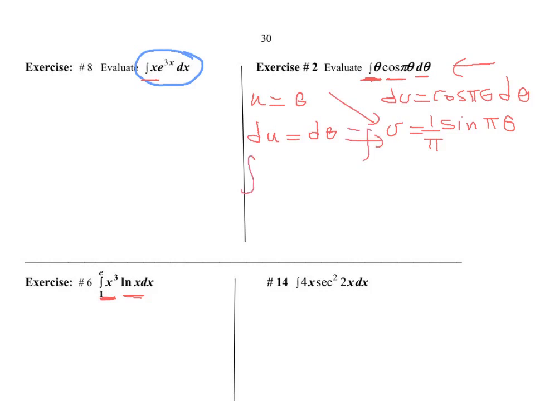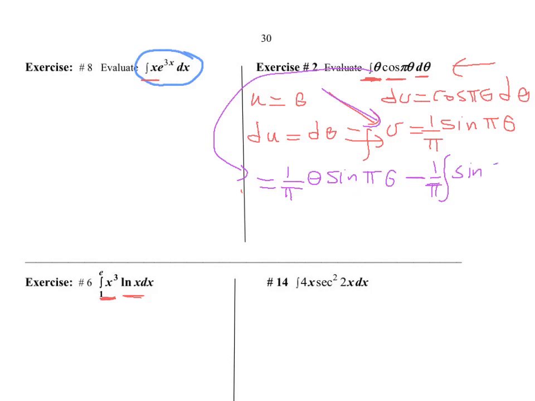So this integration now is equal to uv, which is 1 divided by pi theta sin(pi theta), minus integration of 1 over pi, which can be kept out, sin(pi theta) d theta.